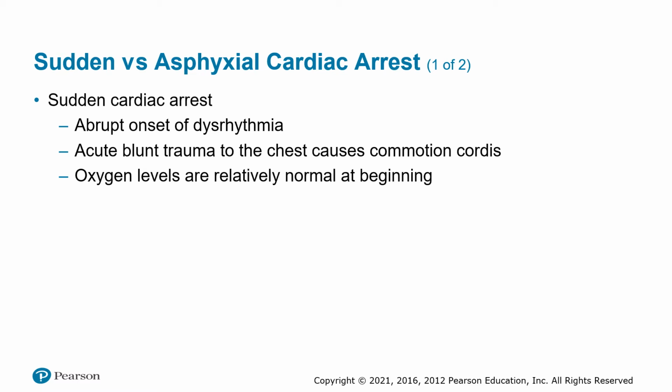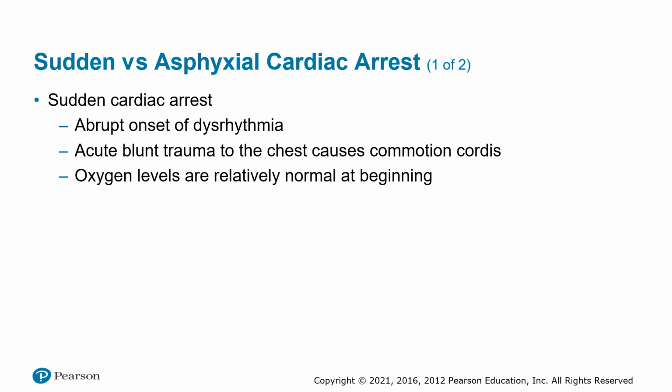It can be caused by acute blunt trauma to the chest, such as commotio cordis. This typically happens when softball players get hit in the chest with the softball, or baseball players. Typically softball because it's a bigger ball, but they can get hit in the chest.